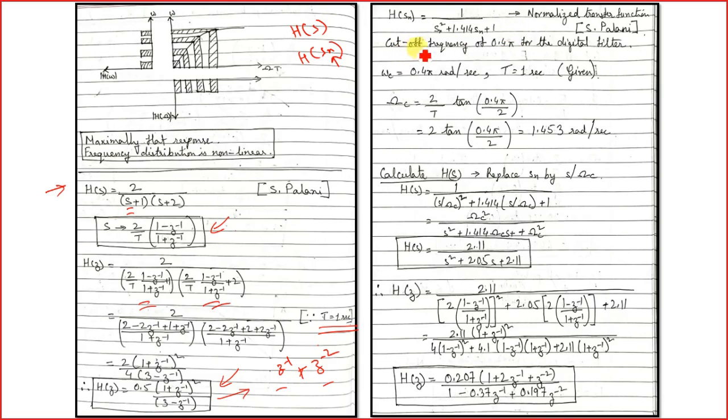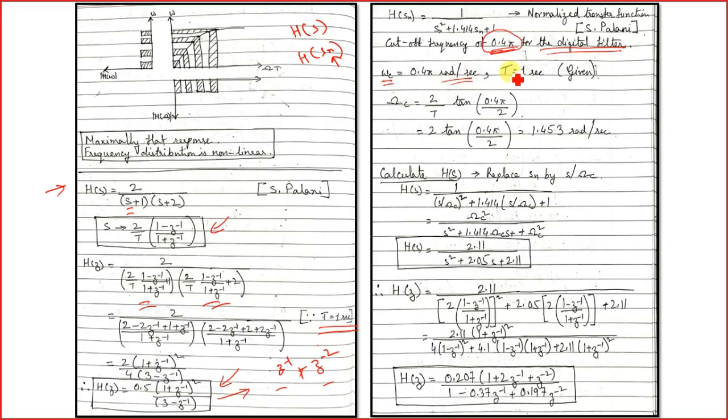The next is the cutoff frequency of 0.4 pi. We have designed the filter such that there is a cutoff frequency of 0.4 pi for the digital filter. Okay. So here the frequency component is being mentioned. So our cutoff frequency becomes 0.4 pi radian per second.